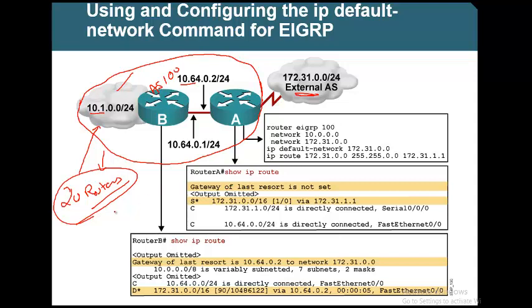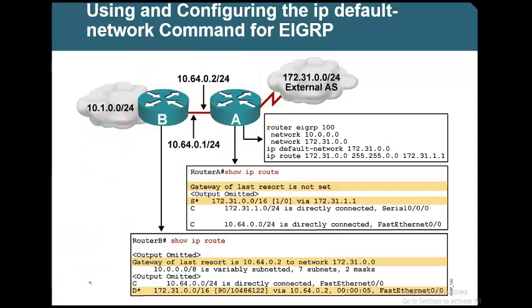Instead of us writing manually default routes like 0.0.0.0, go to the next router and the next router till you reach router A, instead of writing like this, we can make use of EIGRP to advertise the default route. Yes, EIGRP can advertise a default route.